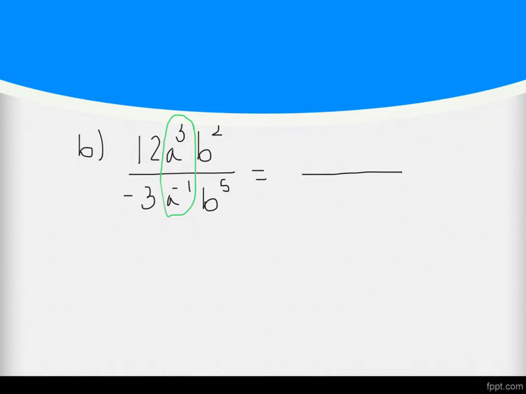I'm going to divide the 12 by negative 3, and that's negative 4. Okay? a to the 3 divided by a to the negative 1 would be a to the 3 minus negative 1. And then b to the 2 divided by b to the 5 would be b to the 2 minus 5.